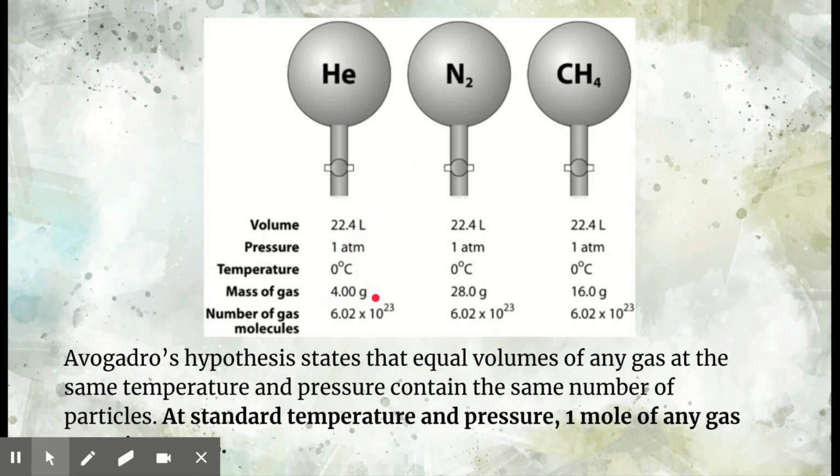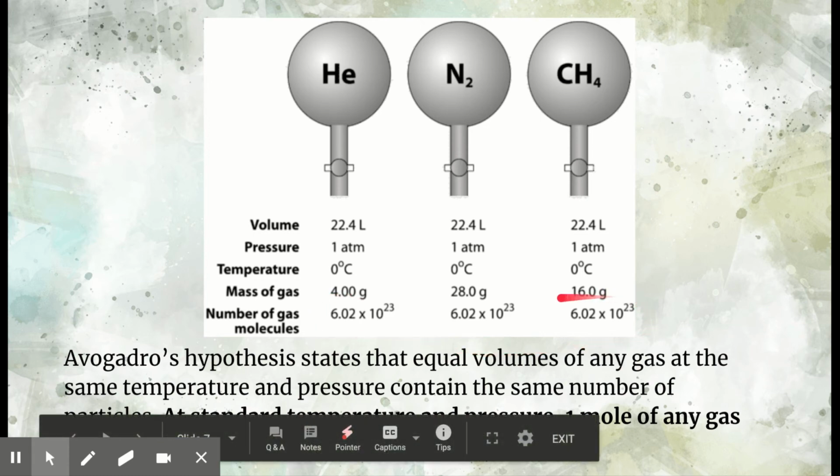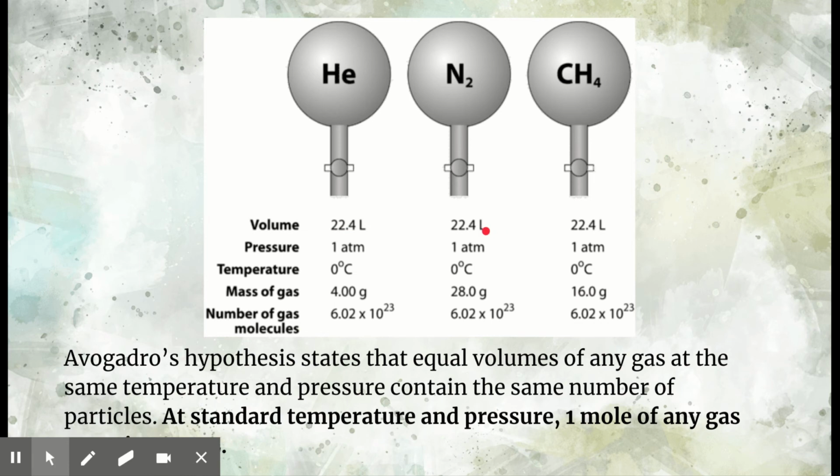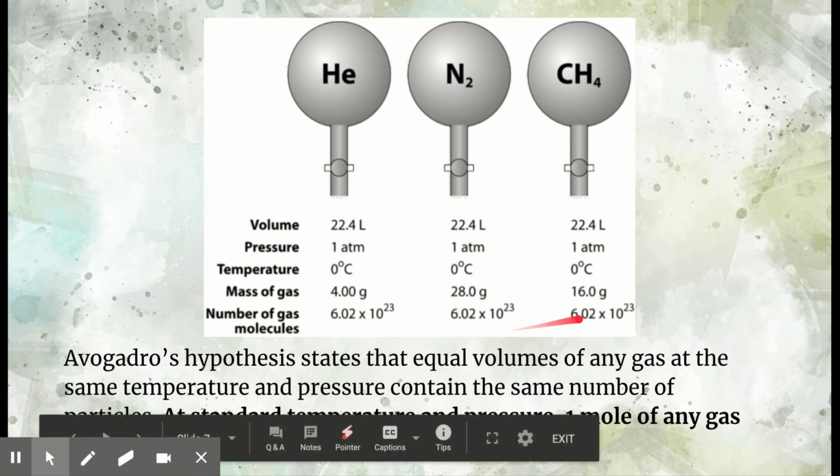If you weighed it, it would be 4 grams for the helium, 28 grams for the nitrogen, or 16 grams for methane. However, you would have the same number of gas molecules inside that 22.4 liters. So even though the mass is different, you have the same number of particles.